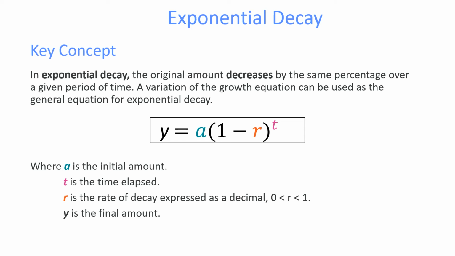You can see that in this case y equals a times (1 minus r) to the power of t. So the 1 plus r has changed to 1 minus r, where a is the initial amount, t is the time elapsed, r is the rate of decay expressed as a decimal, and y is the final amount.